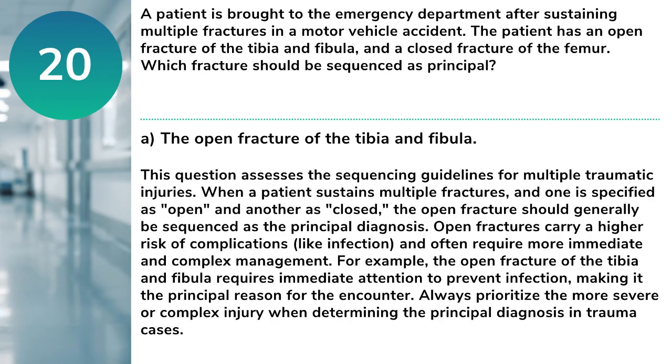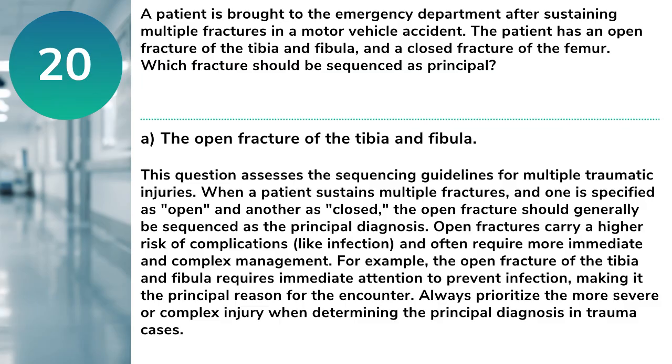Answer: A. The open fracture of the tibia and fibula. This question assesses the sequencing guidelines for multiple traumatic injuries. When a patient sustains multiple fractures, and one is specified as open and another as closed, the open fracture should generally be sequenced as the principal diagnosis.